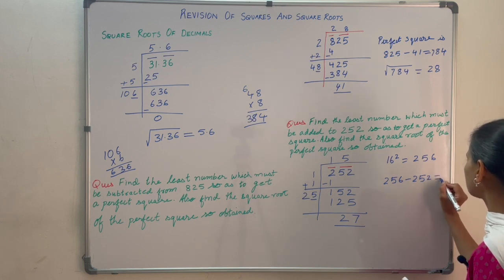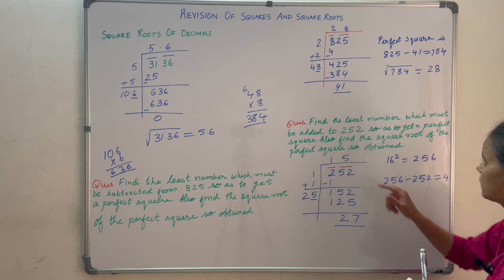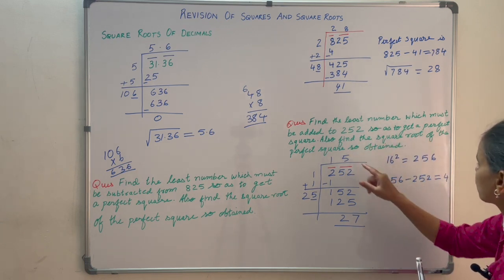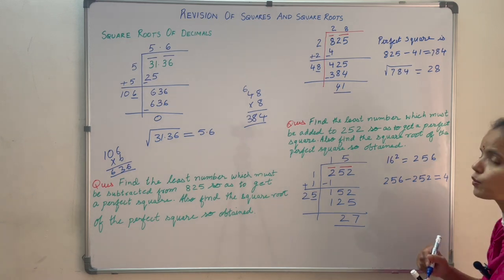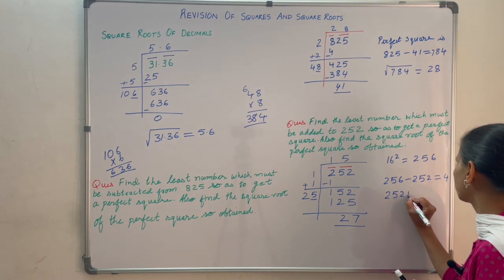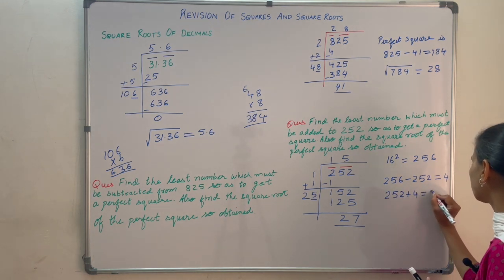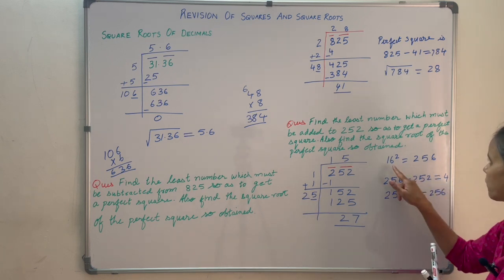So what is the answer? The answer is 4. You have to add 4 to 252 to get the next perfect square. You see, 252, you add 4, what do you get? 256, which is the perfect square of 16.